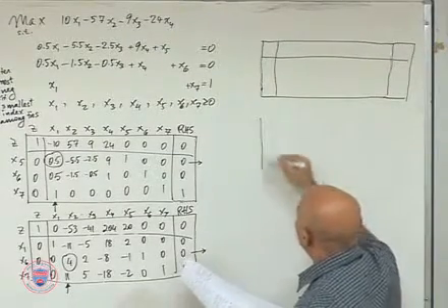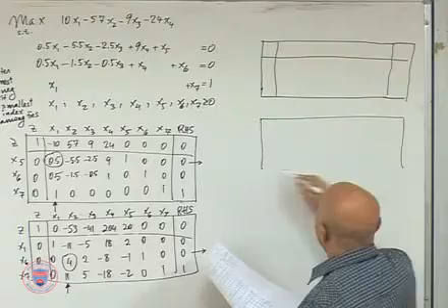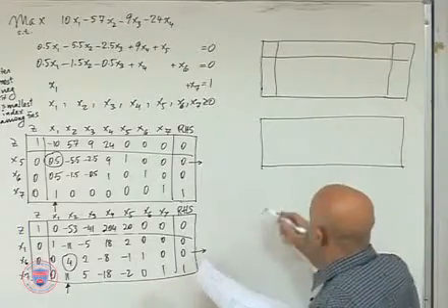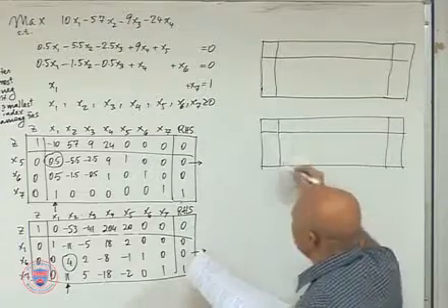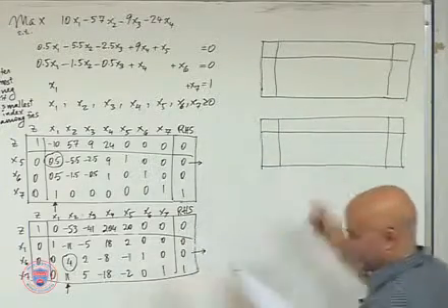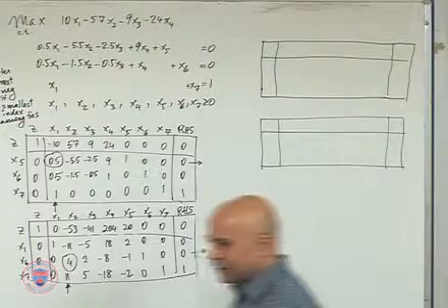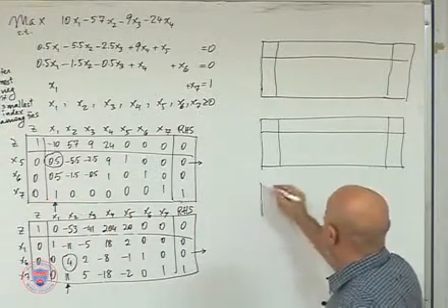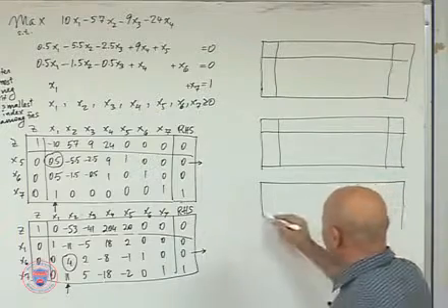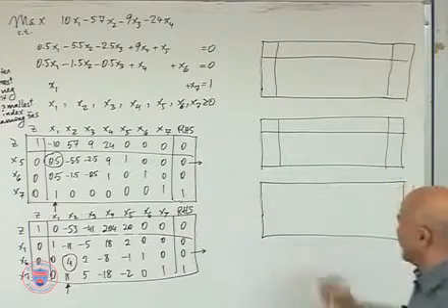Let me draw my tableaus because I want to make them fit. I hope it'll work out. So I guess I'm not going to make them fit. Too little space here.